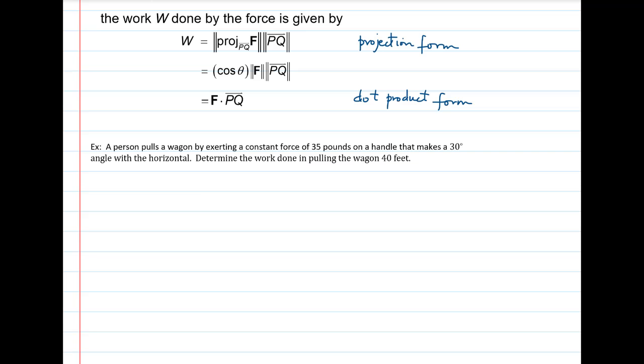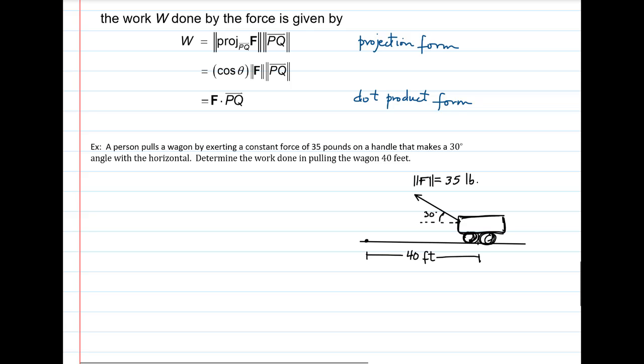You can just use your basic trigonometry to prove that, giving us another form of writing the work formula as the dot product of the force vector with the distance vector, which is PQ in this instance. So we have a projection form and a dot product form. Let's look at an example to see how this process works. You can use either form, depending on what's easiest and what's given in the problem.